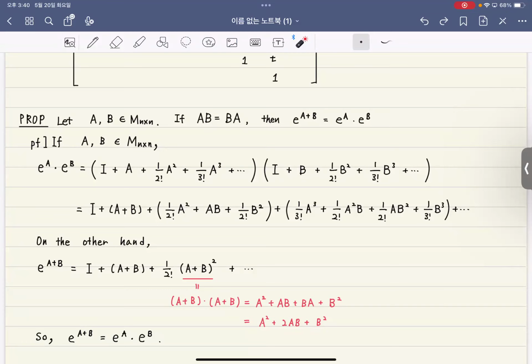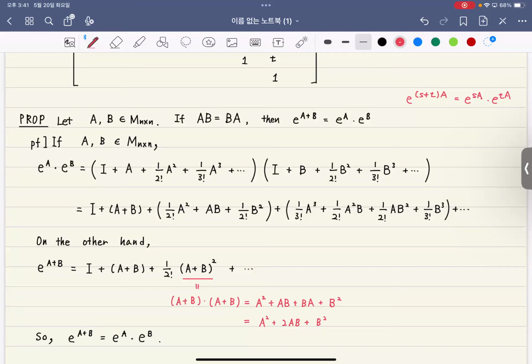Many lectures ago, I hope you remember, I tried to introduce this proposition: e to the (s plus t) times A is e to the sA times e to the tA. Do you remember this proposition? Yeah? No? We had this proposition.